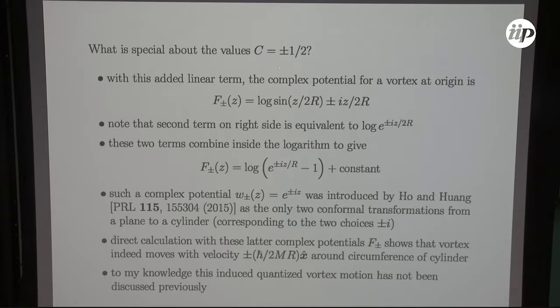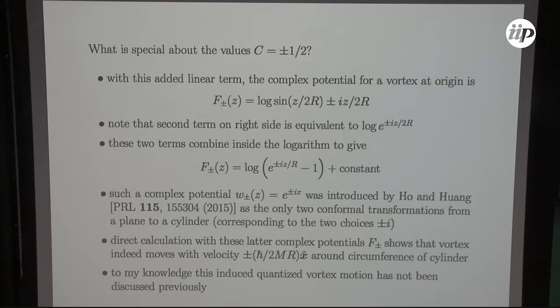So what is special about this plus or minus a half? Well, this is the classical piece, and this is the flow piece, but you recognize this last piece is log of e to something. And you can combine this plus this to get just log of e to the plus or minus iz over r minus 1. And that actually was suggested by Jason Ho.